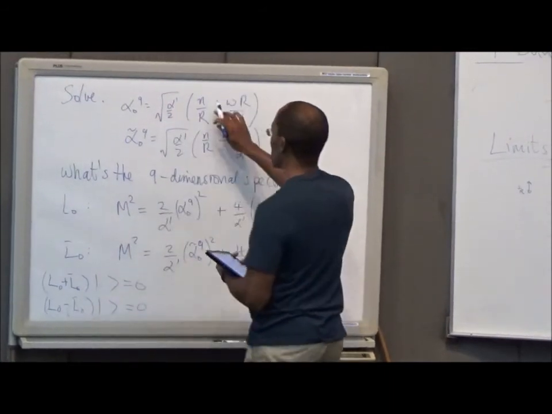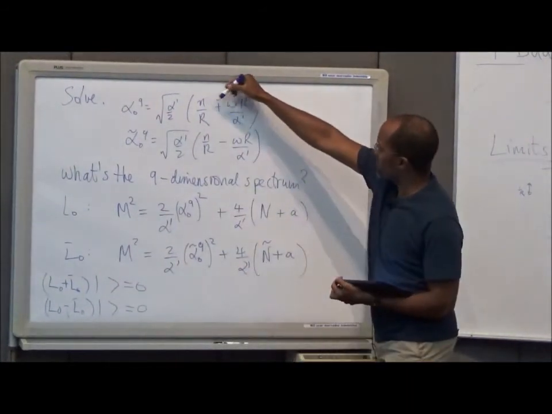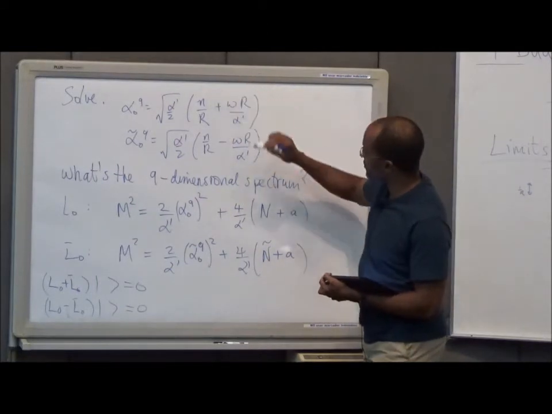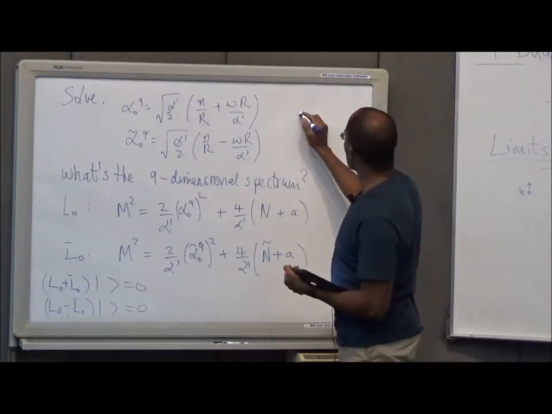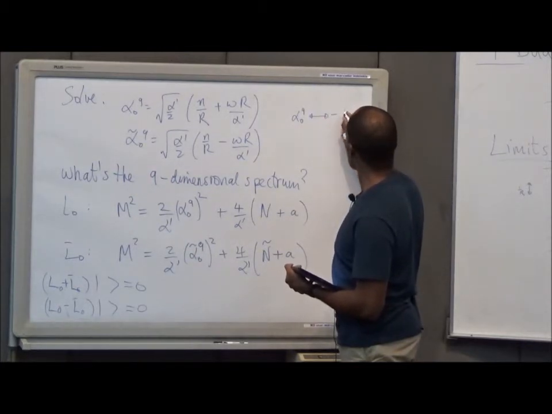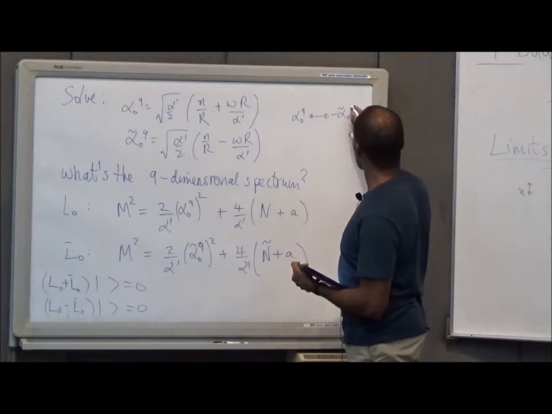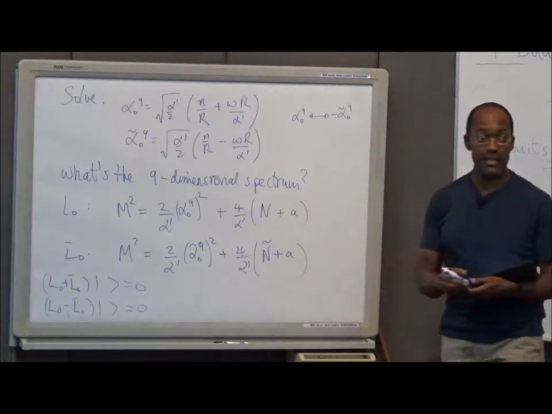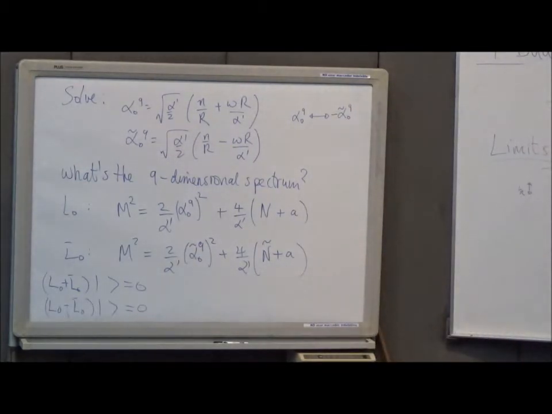The world sheet picture is that I exchange momentum and winding, I exchange N and W. If I do that, you'll see all it is just alpha 0, 9 exchanges with minus alpha tilde 0, 9. So it's just a little minus sign on the world sheet.